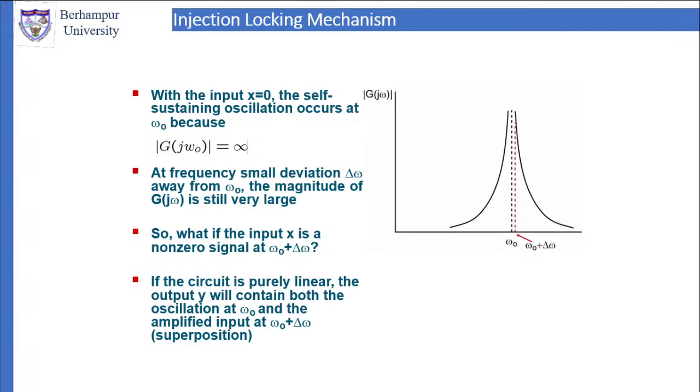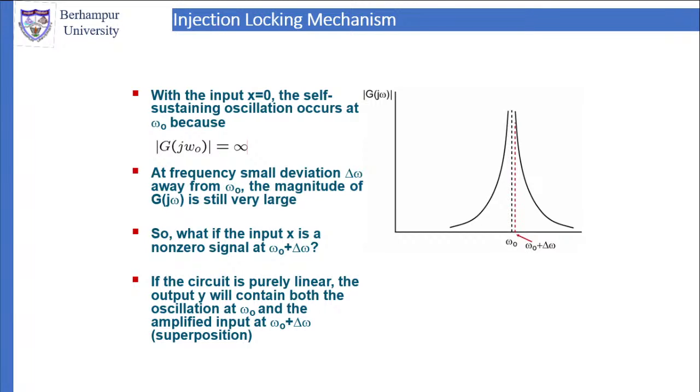So what will happen if the input x is a non-zero signal at omega 0 plus delta omega? If the circuit is a purely linear circuit, the output y will contain both the oscillation at omega 0 and the amplified input at omega 0 plus delta omega.